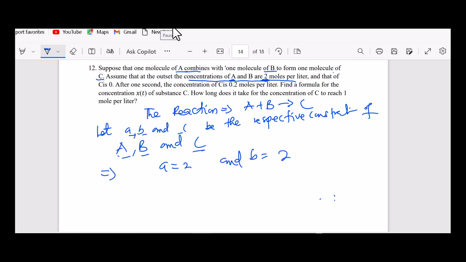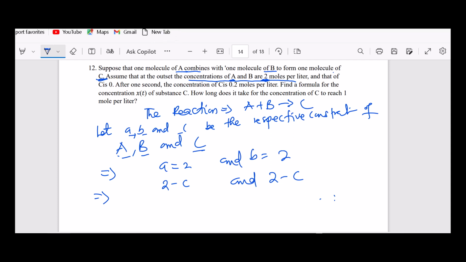Now, since the formation of 1 mole per liter of C requires the combination of 1 mole per liter of A, this will imply that we will now have 2 minus C for the A and 2 minus C for the B, because we need 1 mole per liter.